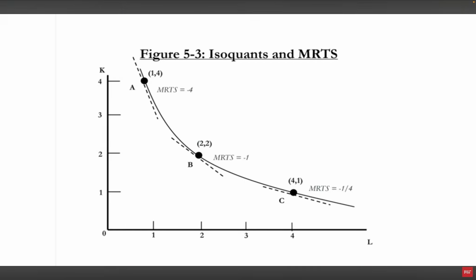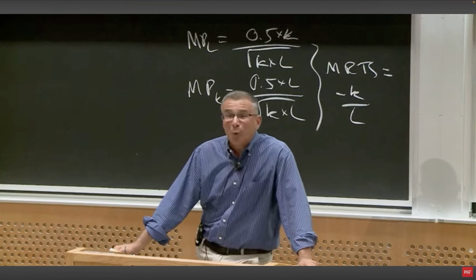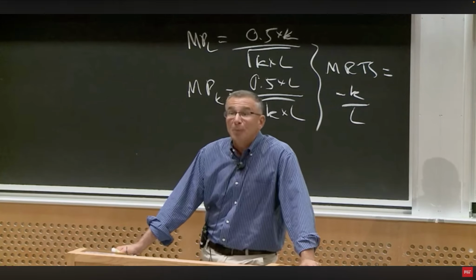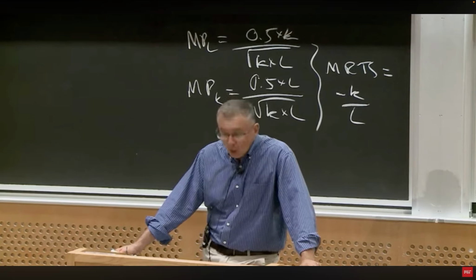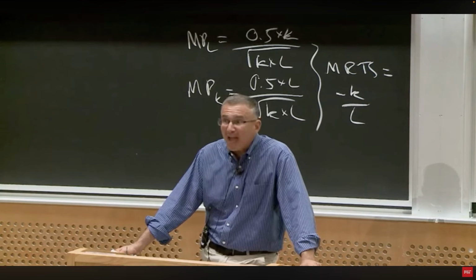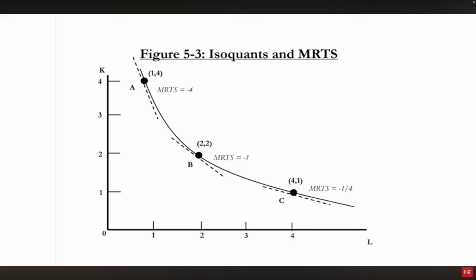And you can see that at, for example, a point like A, you have an MRTS of -4. That means that you have very little labor and a lot of capital. That means you give up 4 units of capital to get 1 more worker. Why? Because marginal products are diminishing. When you've got 4 shovels and 1 worker, you'd happily give up shovels to get more workers.